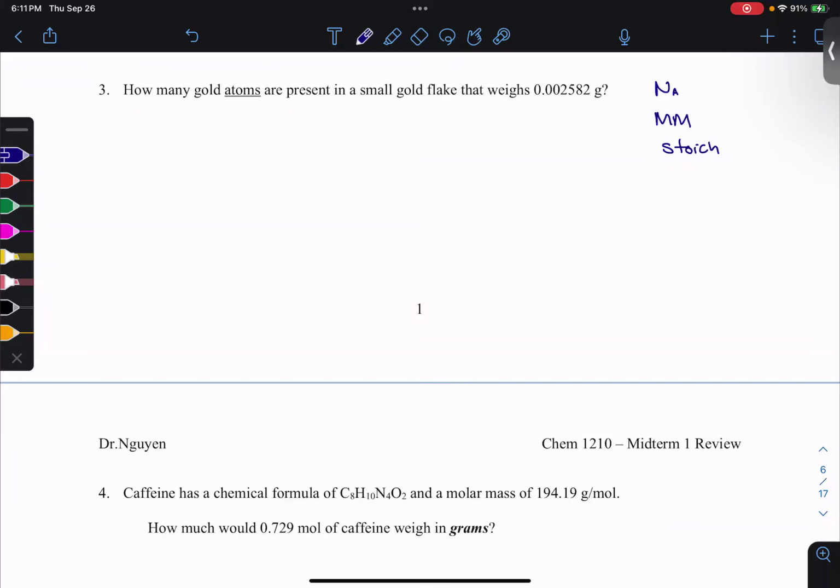So to chemists, we want to scale up the number of atoms or molecules we're working with, because very rarely in lab are you ever working with one singular atom or one singular molecule. So we want to talk about a large amount of particles that we can actually weigh out on scales and balances in lab. Can you tell me, what is the unit on the scales and balances you use in lab?